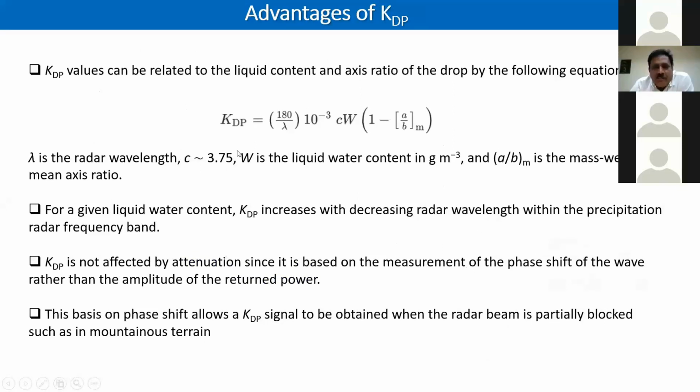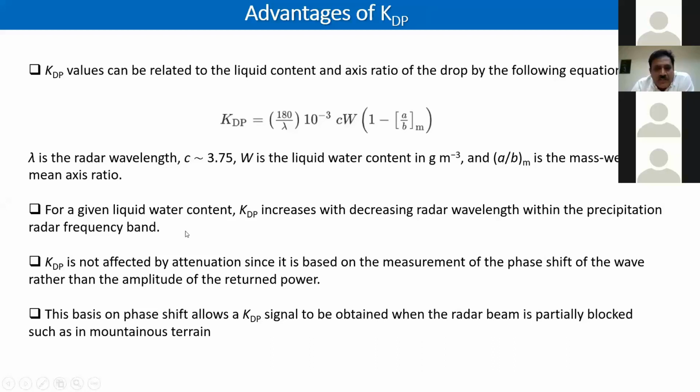KDP is very important because it is directly related to the liquid water content, or otherwise the rainfall rate. The dependency of KDP and of rainfall or liquid water content on raindrop size is similar, so even if the raindrop size changes, these two parameters vary in a similar way and the relation won't change drastically. Whereas the ZR relation changes drastically with the change of raindrop size distribution. So that is the advantage of KDP.